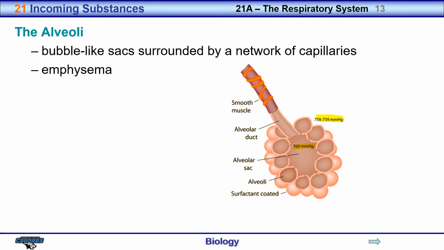And remember that air always moves from high pressure to low pressure. So it will move into the alveoli sacs where the oxygen can get into the bloodstream, the capillaries.